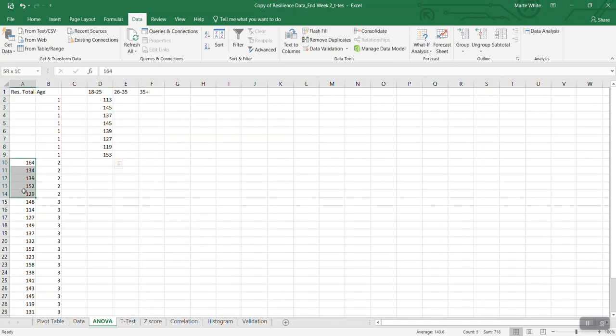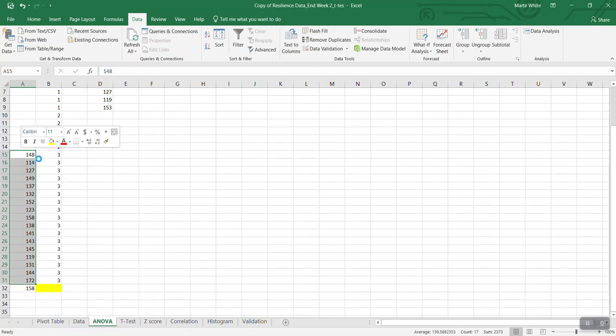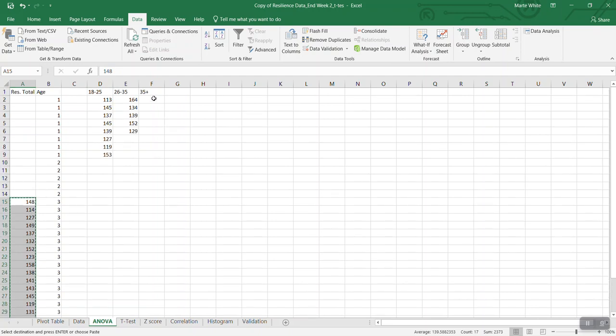Take the ones that go with the 2s, and the rest of them go with, well, let's not take that last one because it didn't say their age, so we'll take this group here. We'll leave that other one as an outlier because we don't know what age they were.